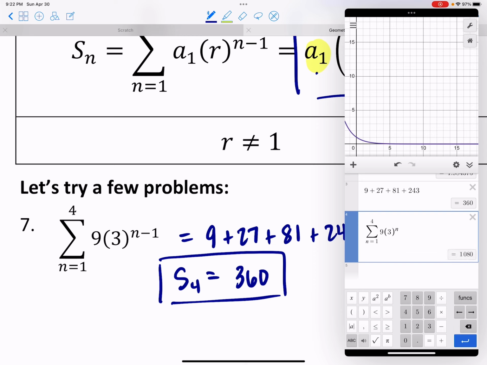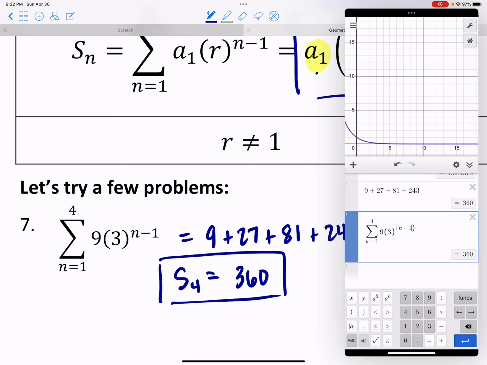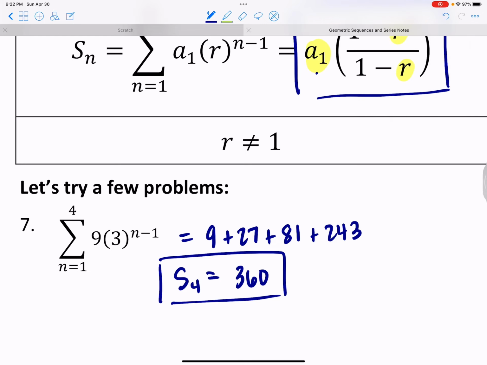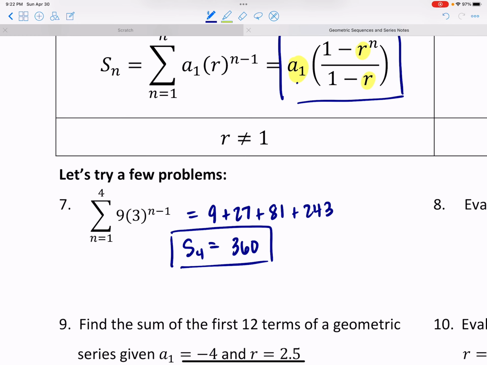If I don't put parentheses and I just type a -1, the minus is no longer in the exponent. So we have to make sure to keep that -1 with n if we want to confirm our work in there. We get the 360, okay? So we have this formula, but again, if I'm adding 4 terms, 3 terms, some small number of terms, I'm probably not going to use a formula. And it is nice that if you weren't sure about the formula, you always have this default way, the long way, about finding a sum.